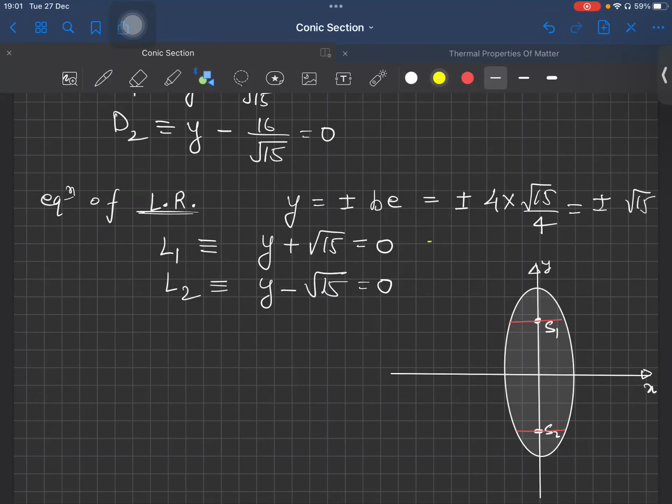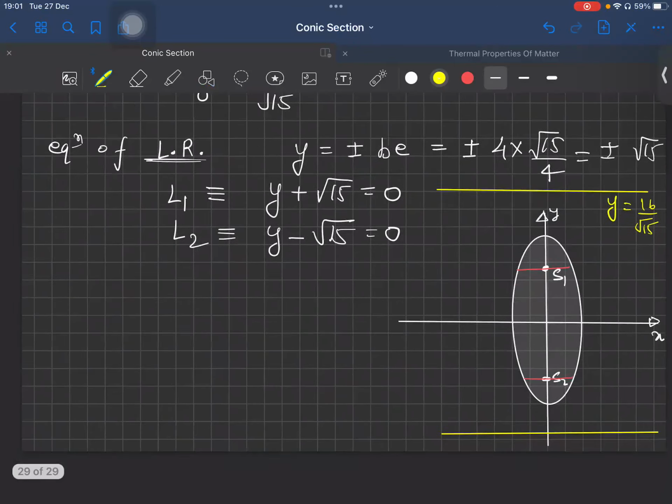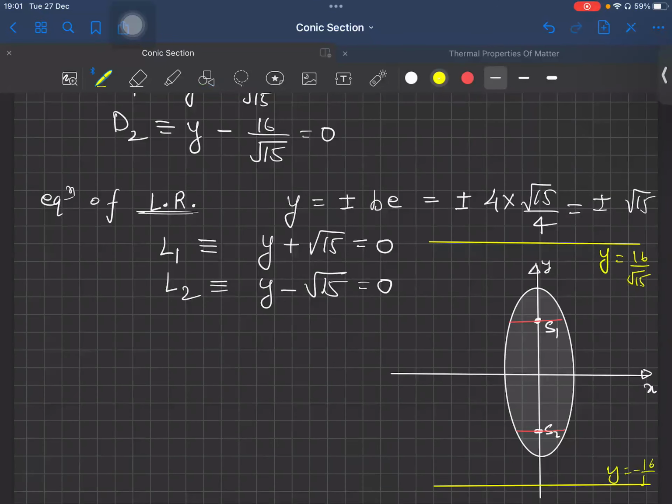Directrix will be somewhere here and here. These are the two directrix, which is y is equal to 16 upon root 15, and this is y is equal to minus 16 upon root 15.